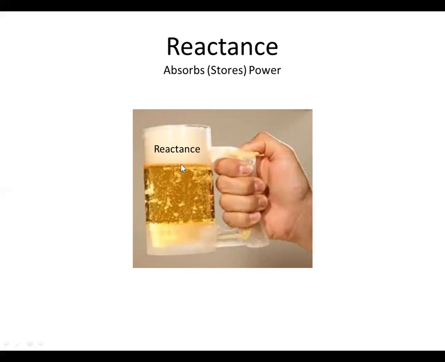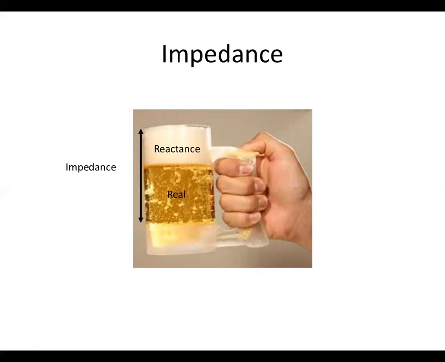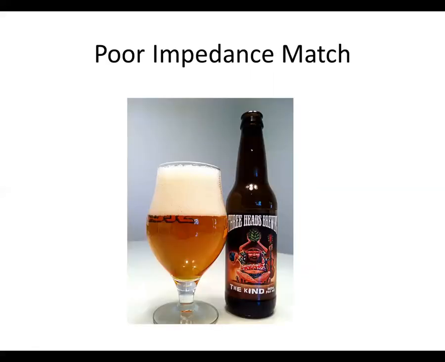But generally, when you're trying to transfer power, you want the reactance as low as you can get it. The impedance is the combination of the reactance and the real power. This would be an example of a poor impedance match, where we'd have to have a lot of capacity to only get this amount of beer.